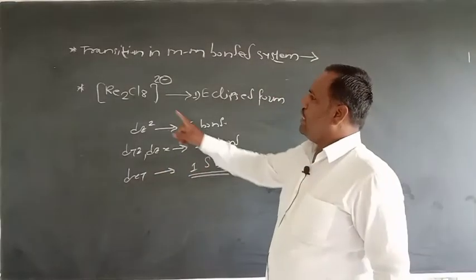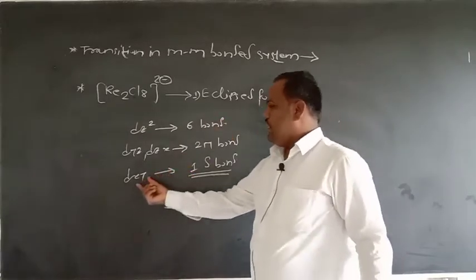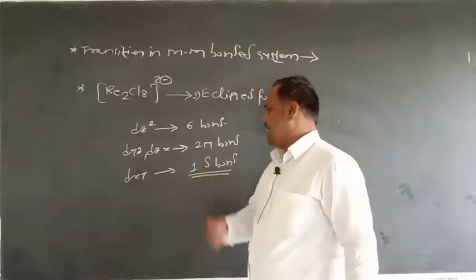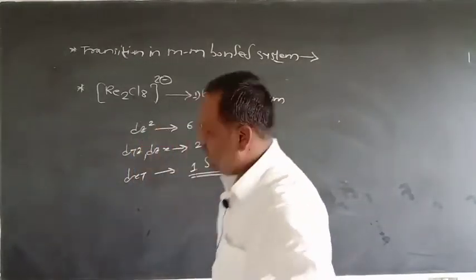Therefore, in this complex, which is in eclipsed form, only one delta bond is formed by the overlapping of dxy orbitals. One delta bond is formed. So let us consider the bond order.